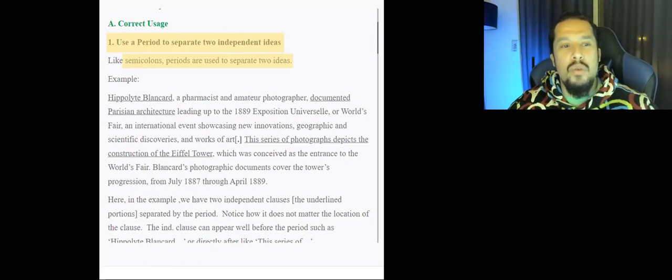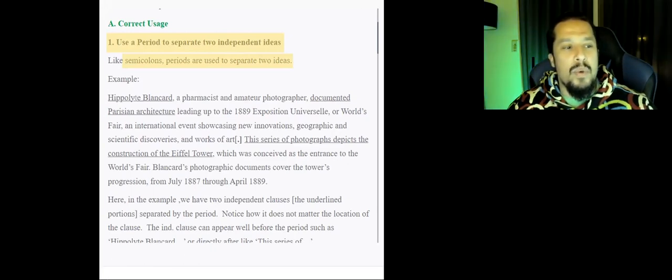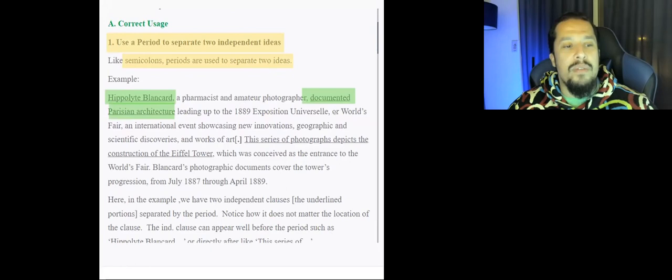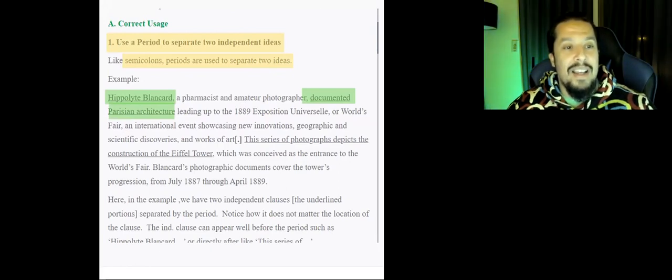Now, let's see an example. Hippolyte Blanco, a pharmacist and amateur photographer, documented Parisian architecture leading up to the 1889 Universal or World's Fair. Lots of information here.